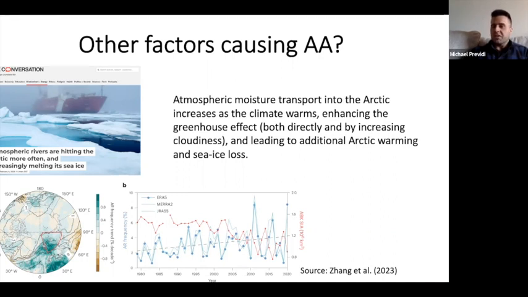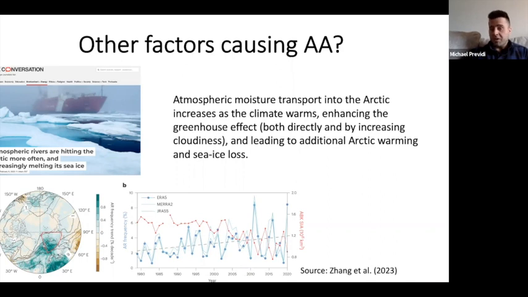And what that leads to is an enhancement of the greenhouse effect over the Arctic. That happens directly, because when we transport moisture into the Arctic, water vapor is a very powerful greenhouse gas. So if we increase atmospheric water vapor in the Arctic, we strengthen the greenhouse effect. That's the direct response to increased moisture transport.